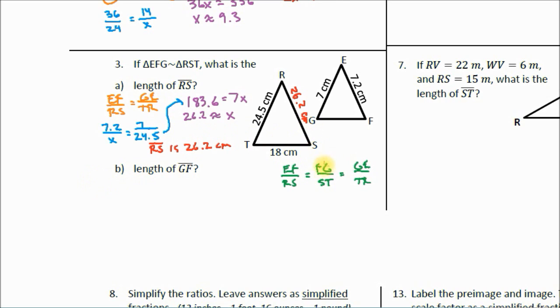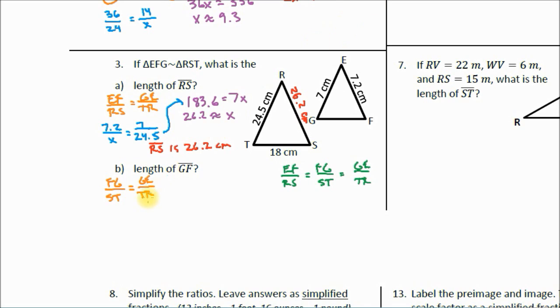We're looking for GF. That's ratio number 2. So we've got FG over ST is equal to, that's like GE and TR. We know those two already. Let's just use that again. GE over TR. Sometimes the previous problems help you solve the new problems.